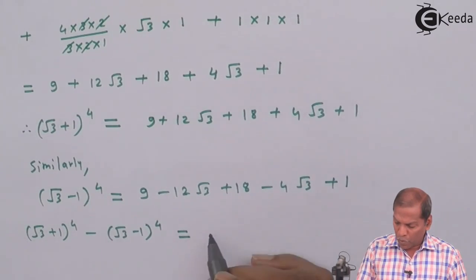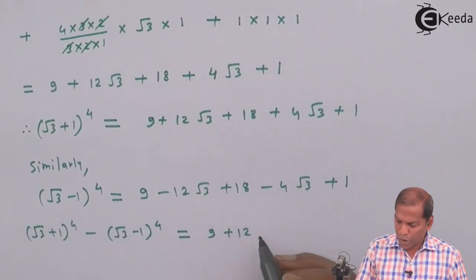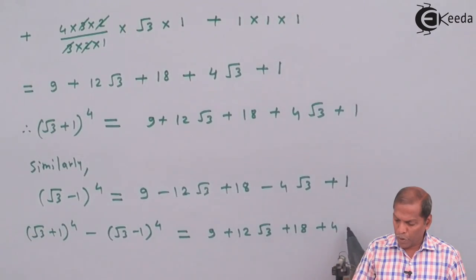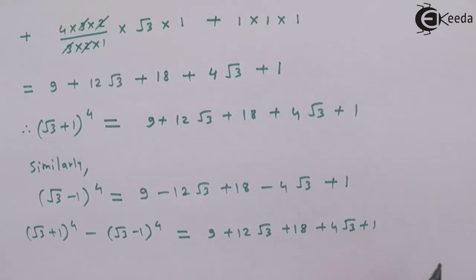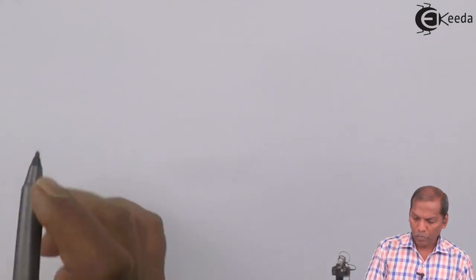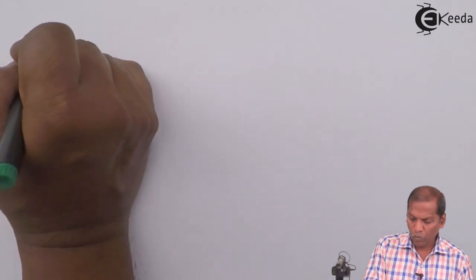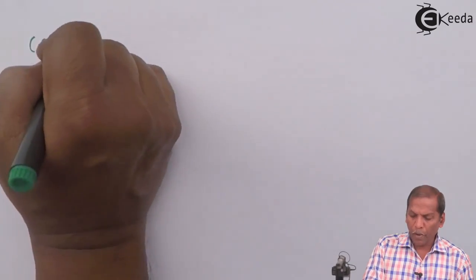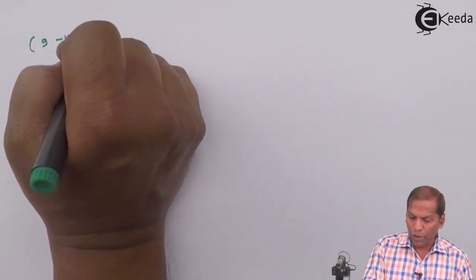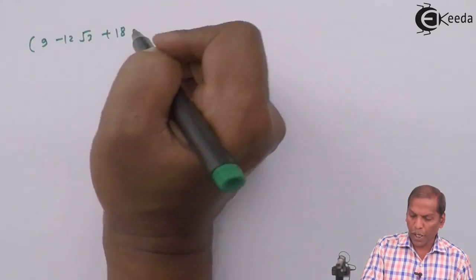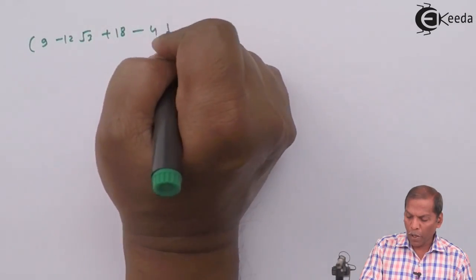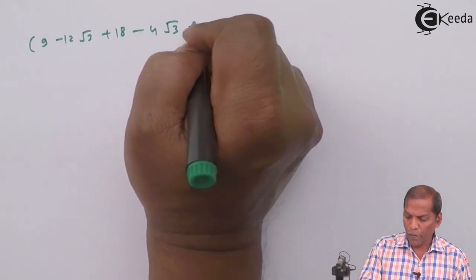So that is equal to (9 plus 12 root 3 plus 18 plus 4 root 3 plus 1), that we write in one bracket, and then minus (9 minus 12 root 3 plus 18 minus 4 root 3 plus 1).